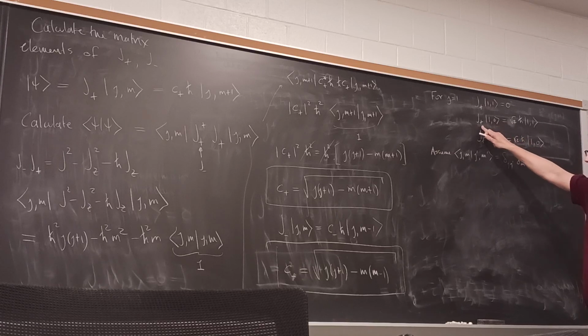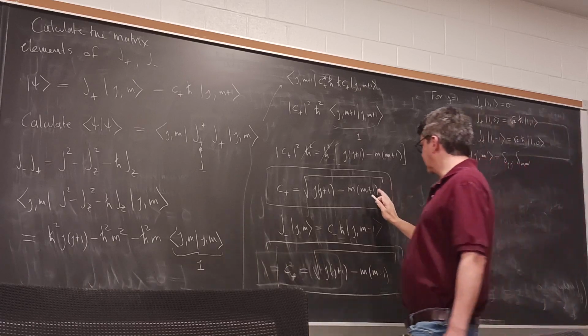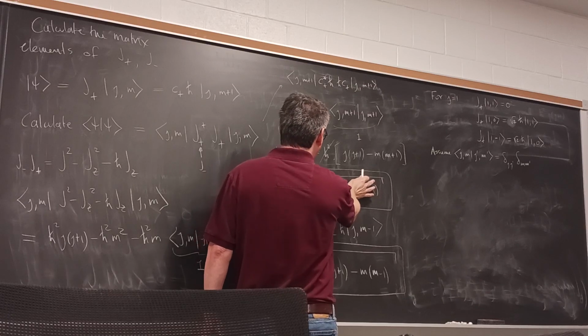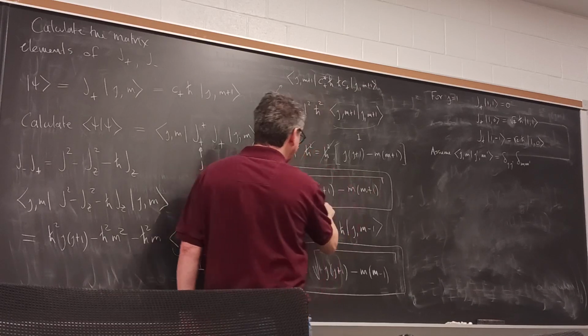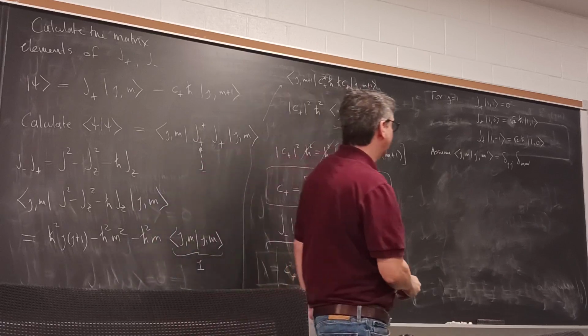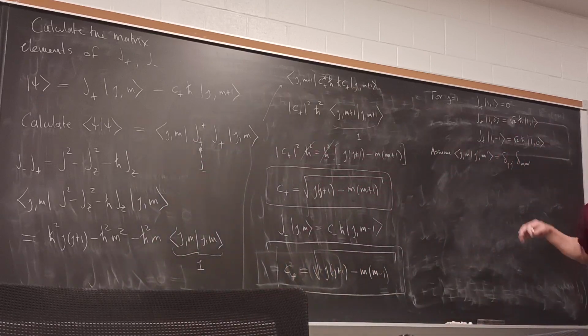If I operate with J plus, when my spin is 1, but J is 0, M is 0, so these terms go away. And J is 1, so I'll have a 1 here, a 1 plus 1 is 2, so C plus will be a square root 2. You can check that those all work.